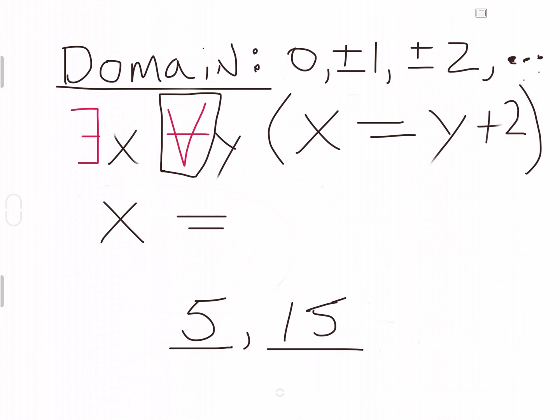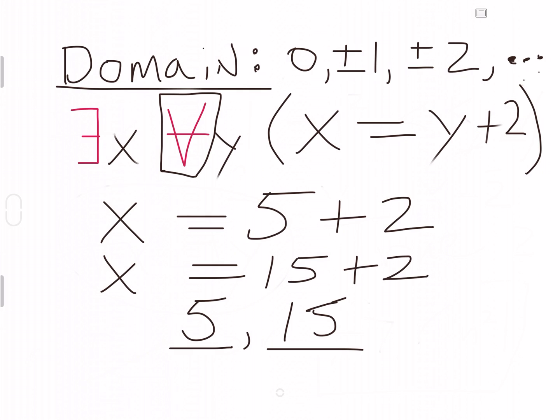So there exists some x such that x is equal to 5 plus 2 and x is equal to 15 plus 2. 5 plus 2 is 7. 15 plus 2 is 17.